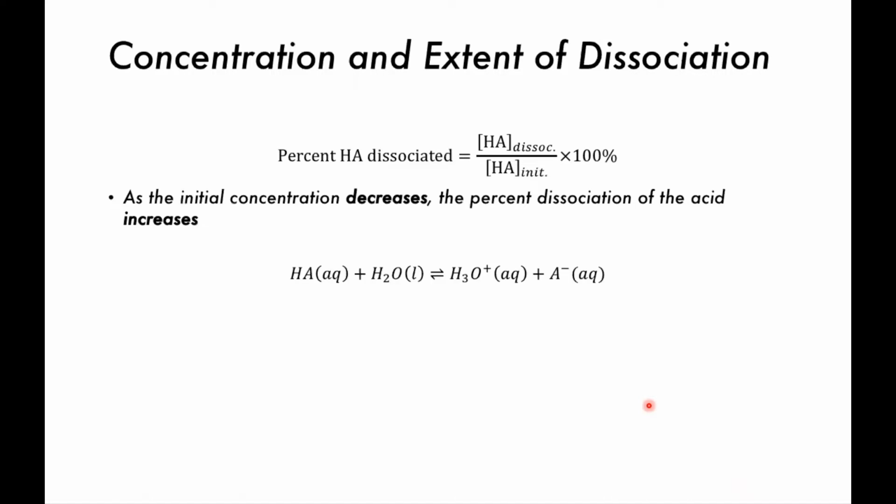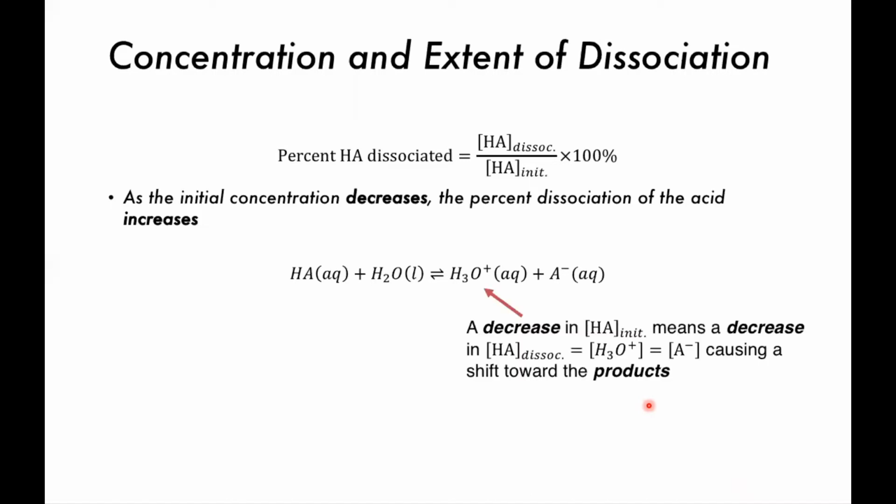And so HA plus water is in equilibrium with hydronium and our conjugate base, the A minus. So a decrease in the initial concentration of HA means a decrease in the dissociated HA, which is equal to our hydronium concentration, which is equal to our conjugate base concentration, which causes a shift towards the products.